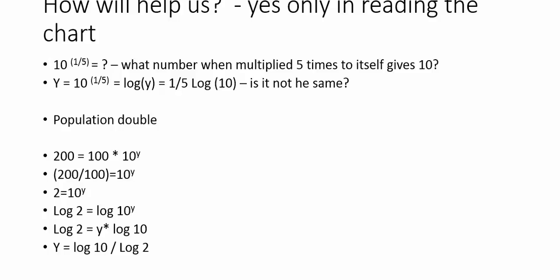Then we can take a log of both sides, because doing the same thing on either side of an equal sign will not change anything, whether it's division, multiplication or log. And then we can bring y out, because we just studied that whatever is on the top we can bring out and multiply, and we can search the value of y.